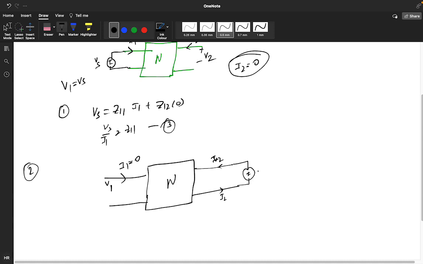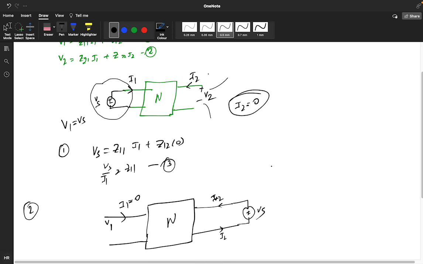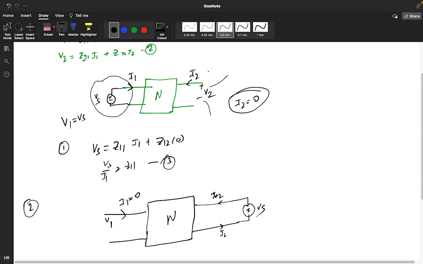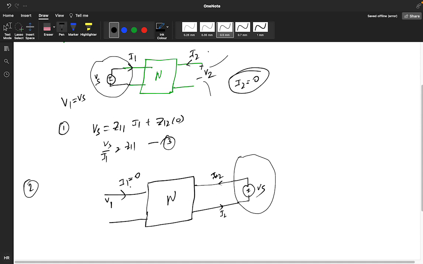First you connected the supply on one part with the other side open and the current as 0, and got Z11 is equal to Vs by I1. Now you remove the battery source there and connect it on this side, and here you make the port current I1 equal to 0.